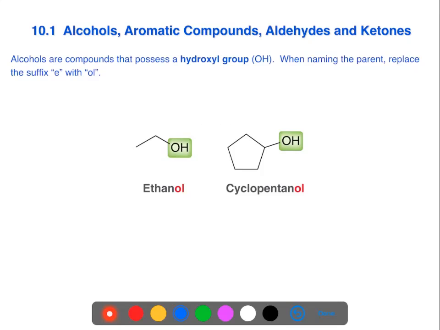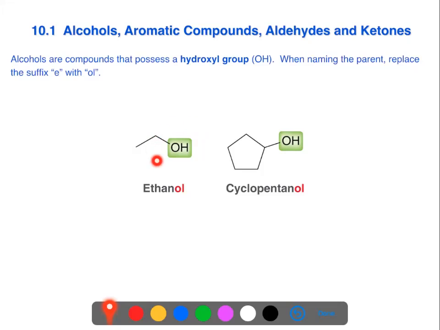Now, alcohols are compounds that possess the hydroxyl group, that OH group. And so when naming the parent, we replace the E in the parent with OL. So the suffix goes from E, we drop the E, we add OL. And so you can see in this example, we have a 2-carbon system, that's ethane.